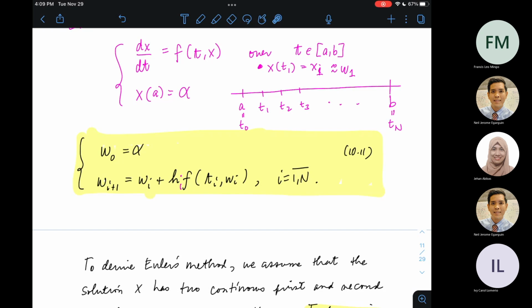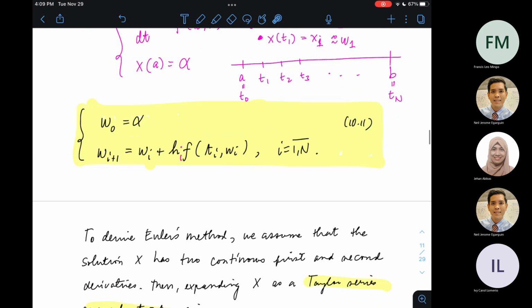Kasi when we are computing the estimates w sub i plus 1, kailangan mo lang yung previous estimate which you have stored in the memory before, and one instance, one function evaluation of the function f, you will scale it by the step size, and you'll get w sub i plus 1. And then you continue the process moving forward until you get all of the w sub i's, all of your estimates for the x sub i's.